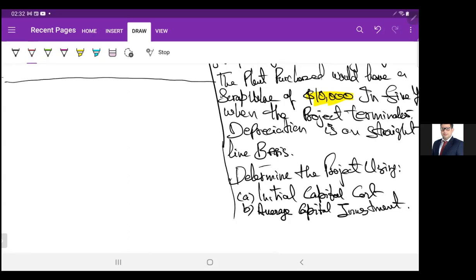So, average annual depreciation firstly: 110,000 minus 10,000, divided by 5, is $20,000.